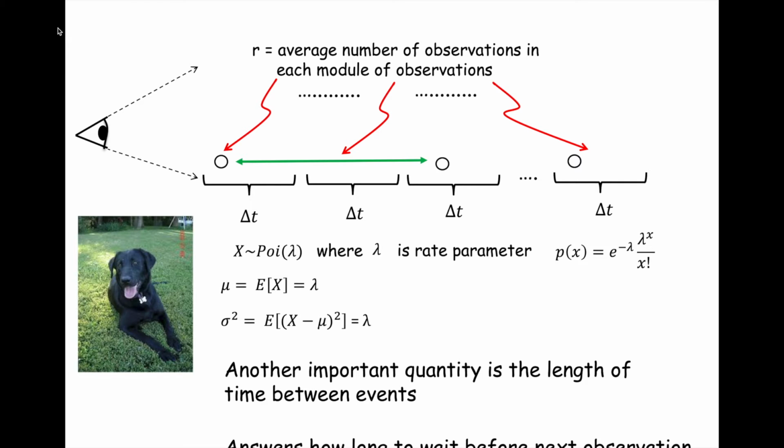If we were to measure the time between one occurrence of the event and the next occurrence of the event, the distribution that describes the probability of this time is called an exponential distribution. This essentially answers the question of the likelihood that you're going to have to wait a certain number of seconds, milliseconds, or a certain amount of time before you observe the next event.